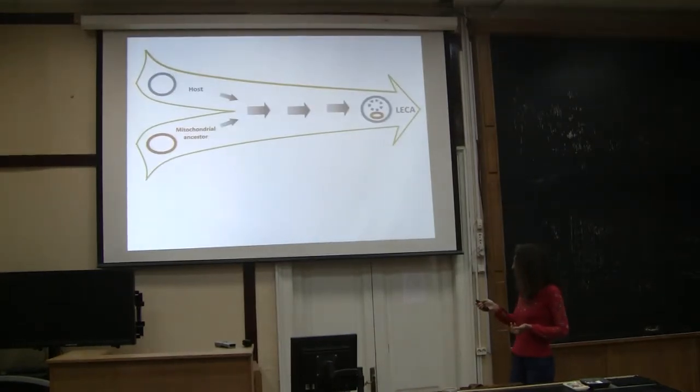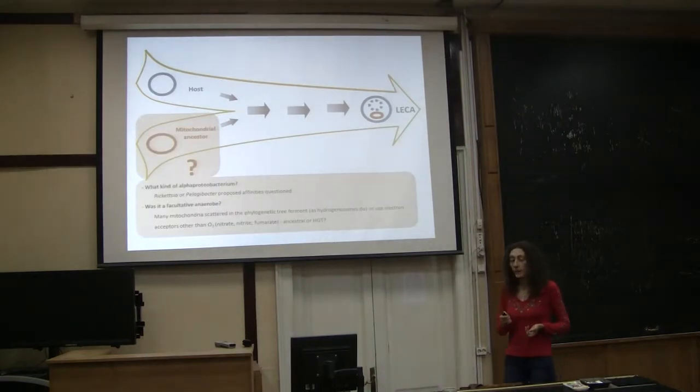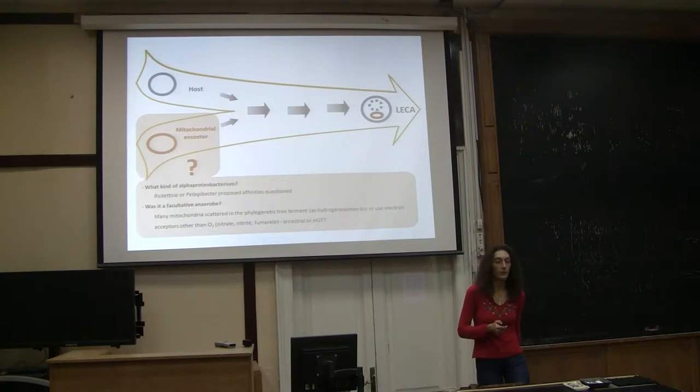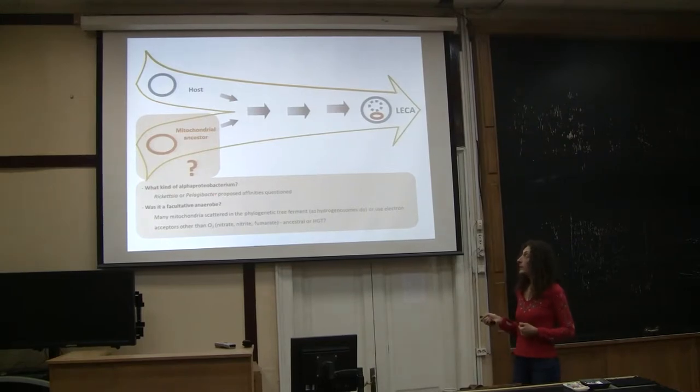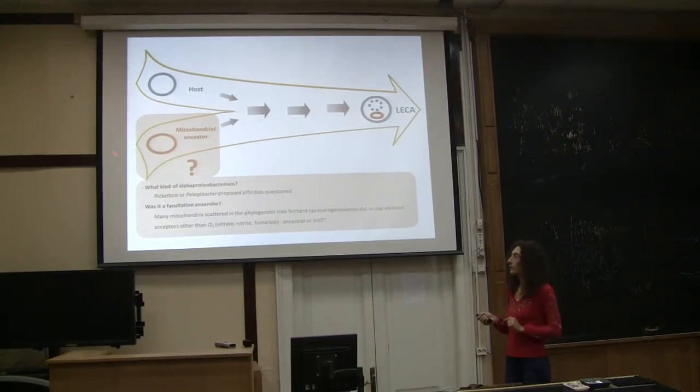So we have seen what the last common ancestor of eukaryotes might have looked like. Then there remain questions, of course, about the mitochondrial ancestor. We know it was an alpha proteobacterium, but we don't know exactly what kind of alpha proteobacterium.